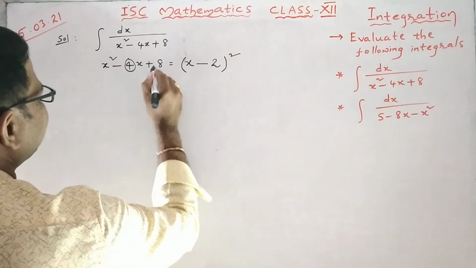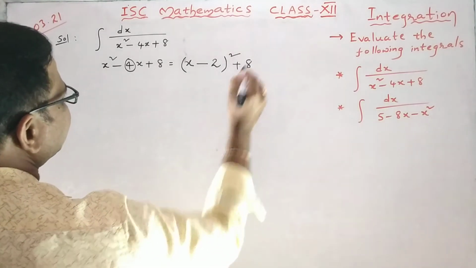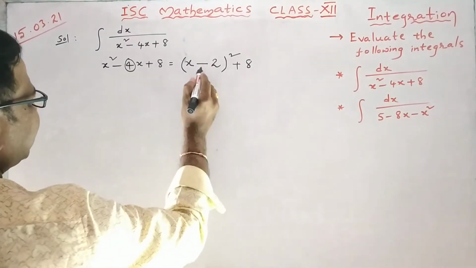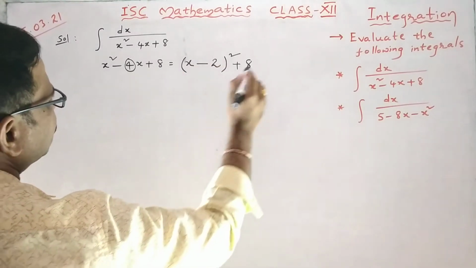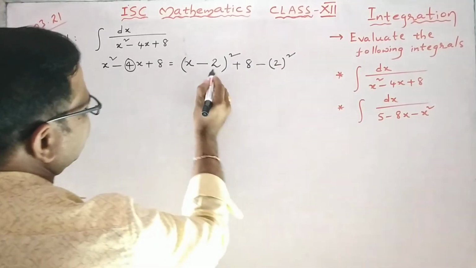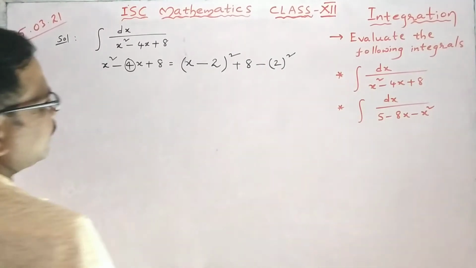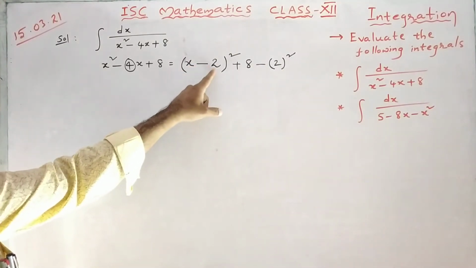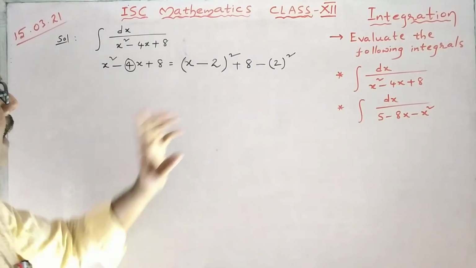What do you have extra here? Plus 8. Now here 2 is there, either plus 2 or minus 2. Always subtract the square of that number from the value. Whatever we have here, either plus 2 or minus 2, you have to subtract the square of that number.